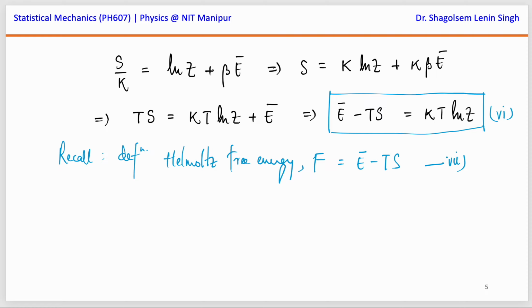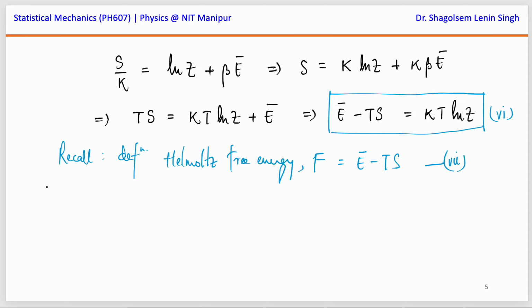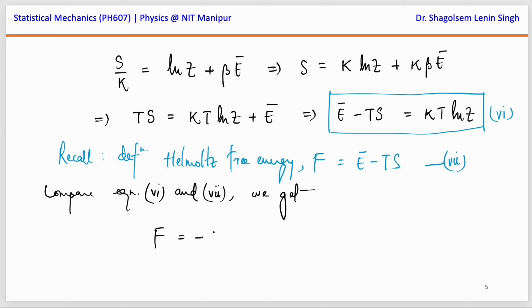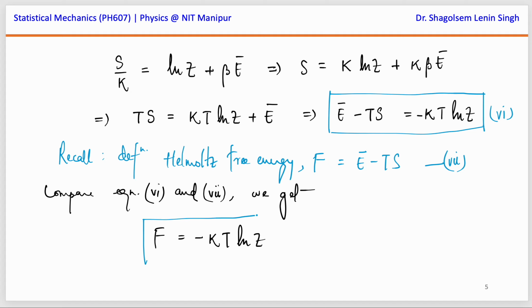So if you compare equation 6 and 7, we get free energy to be, okay, I should put a minus here, negative kT log of Z. So now you see we have successfully arrived at the relation what we displayed at the beginning.